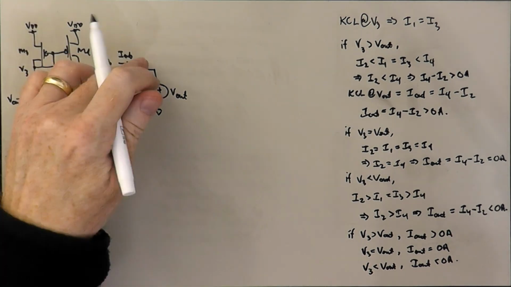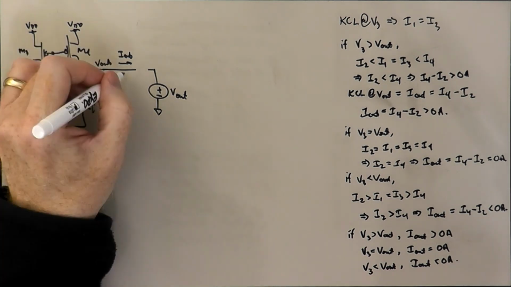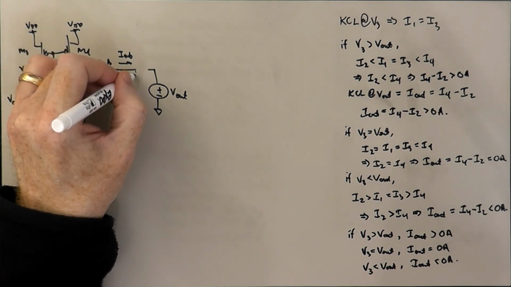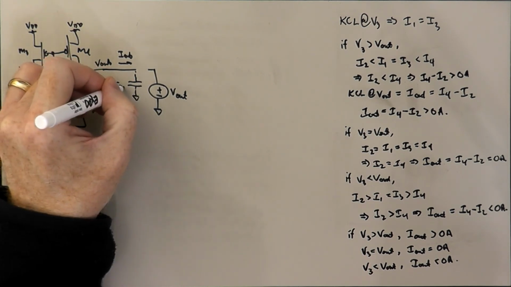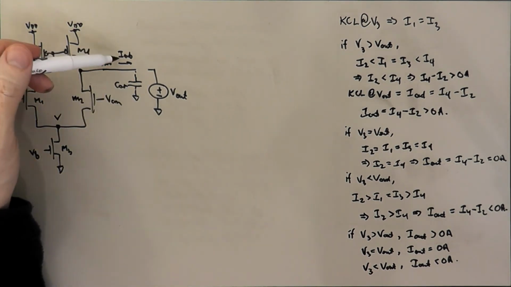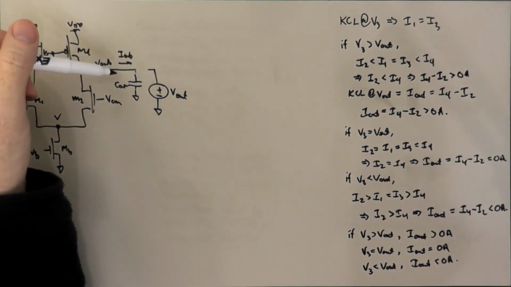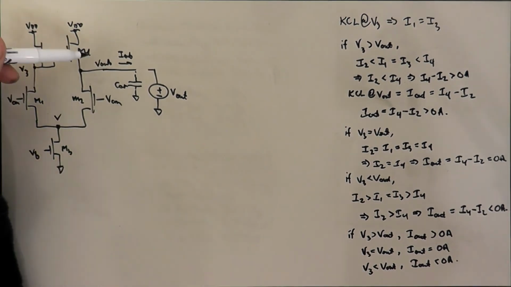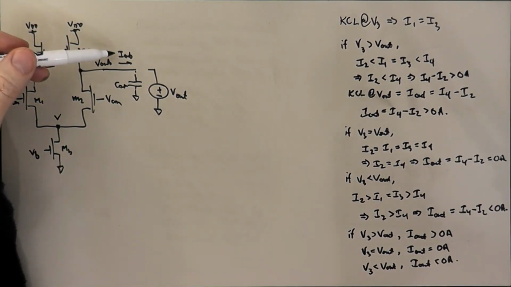And if we let go, that current has no place to go other than our friendly parasitic output capacitance. And that I out is going to charge this capacitor. That's going to lead to a positive dV out dt, and V out is going to rise. And it's going to rise until I out is equal to 0.